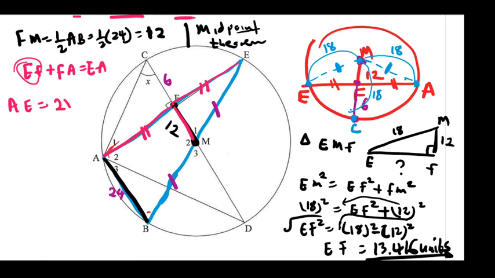It's equal to 2 times the 13.416, which should give you an answer of 26.83 units. 26.83 units is your length of AE. So I know it was long, but I hope you did understand. If you didn't understand, as I ask again, please write down your comment below.